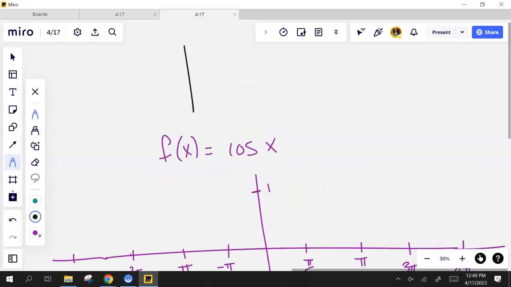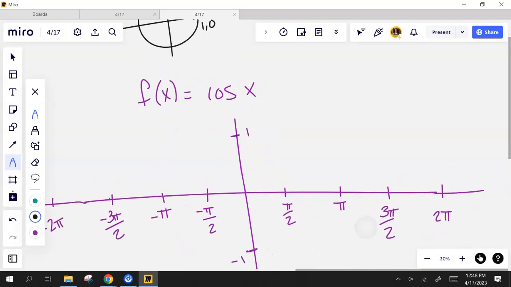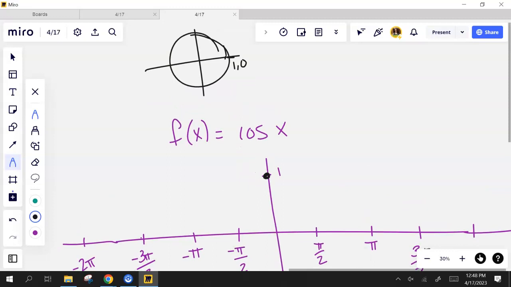If I'm on my unit circle, this point is (1, 0), so the cosine of 0 would be 1. The y is 0, but the x is 1.